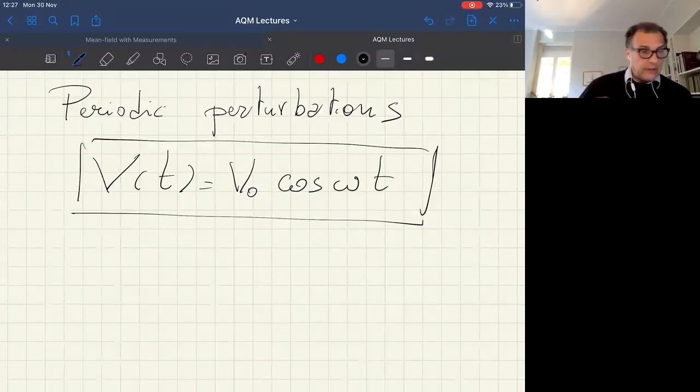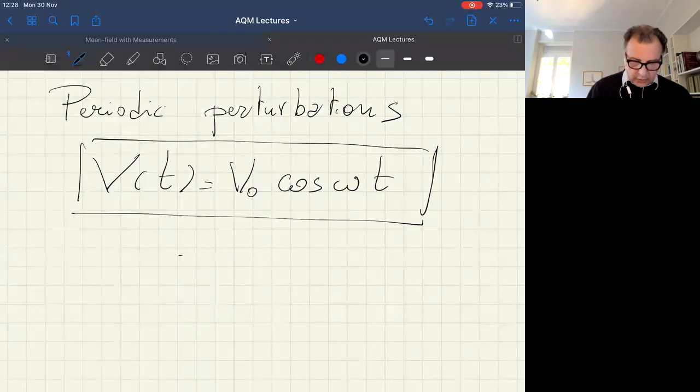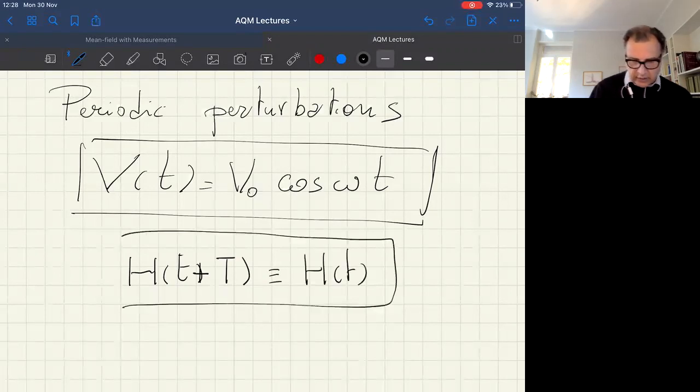Essentially, Floquet is the following. Let me explain. Suppose that you have a Hamiltonian such that H(t + T) is equal to H(t). Okay, it's a periodic Hamiltonian.